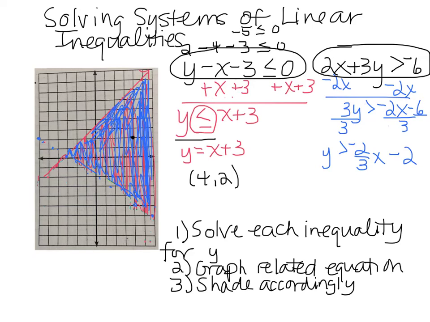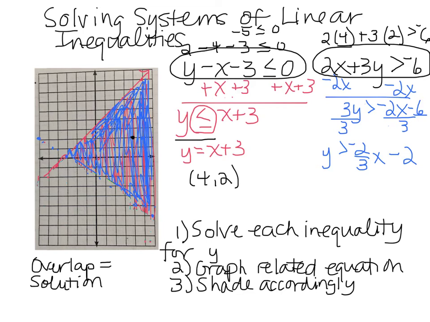And if I plug in for x, 4, 2 times 4, and for y, 2, that will be greater than negative 6. 8 plus 6 is certainly greater than negative 6. So this is one of many solutions, anything in this region. So the overlap equals the solution. Any of the points, the x and the y's, in the overlap make the inequalities both true.